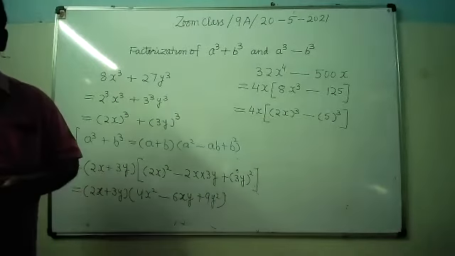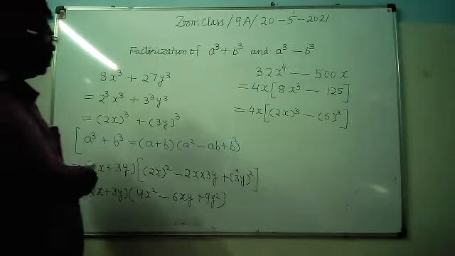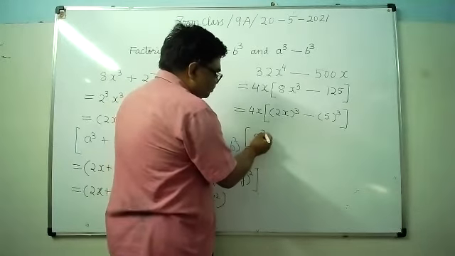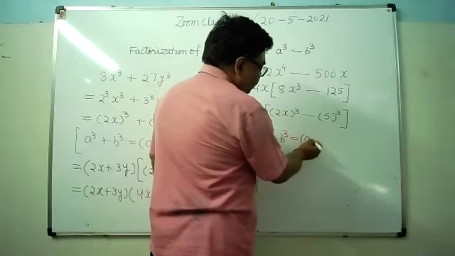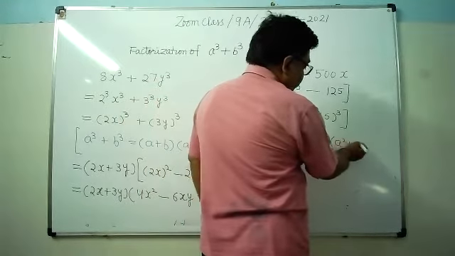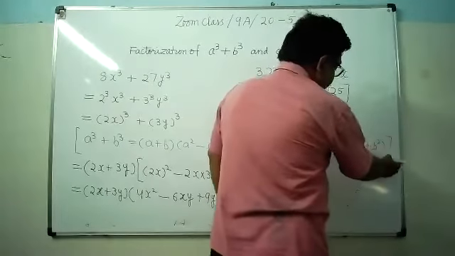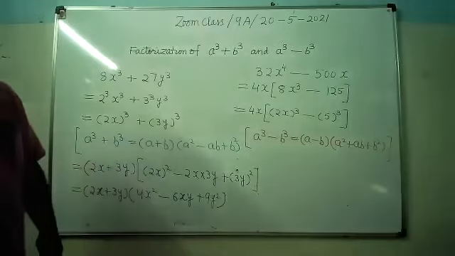Now it is of the form a cube minus b cube. A cube minus b cube factors are a minus b, in the other bracket a square plus ab plus b square. This formula you will use.